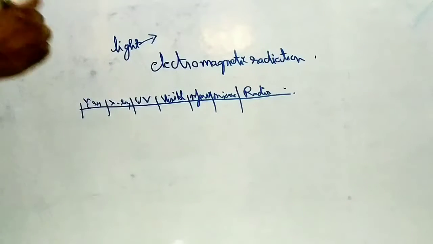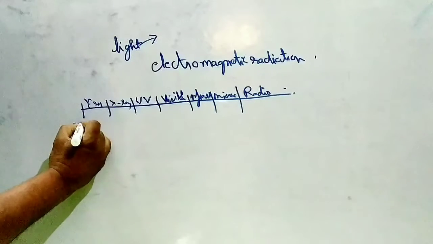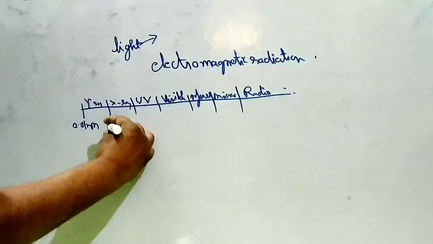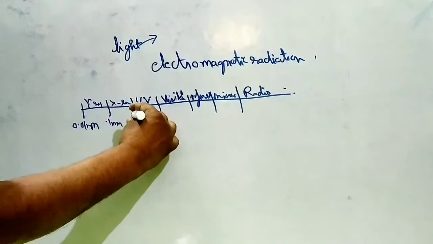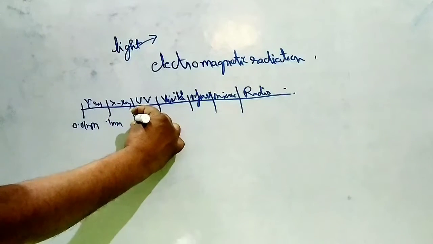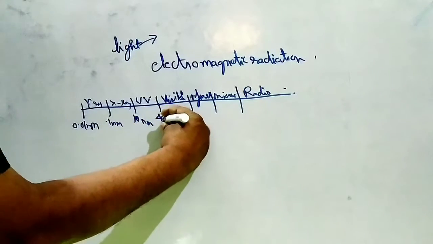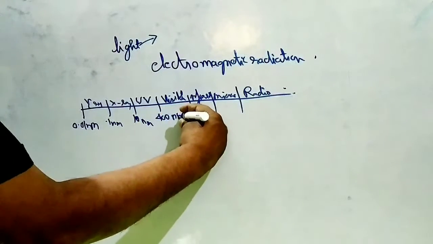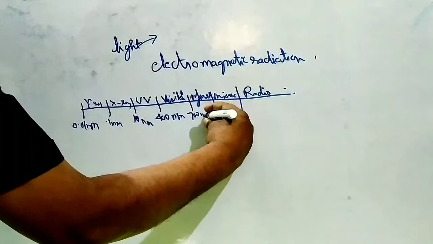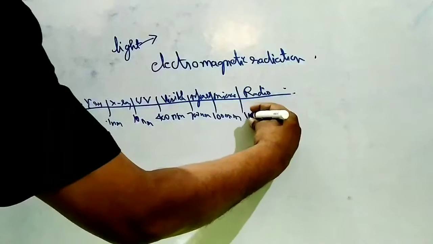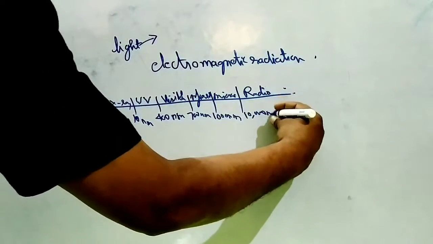Out of electromagnetic radiation, it starts from 0.01 nanometer to 0.1 nm, then it is 10 nm. This is visible, 400 nm to 700 nm, then it is 1000 nm, and then it is 10,000 nm.